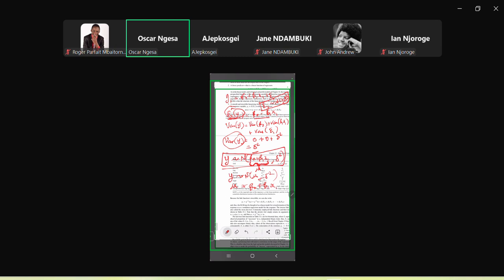Is it the same as what we have here? I've just given an acronym to this part, beta naught plus beta 1 x, and denoted it as mu.